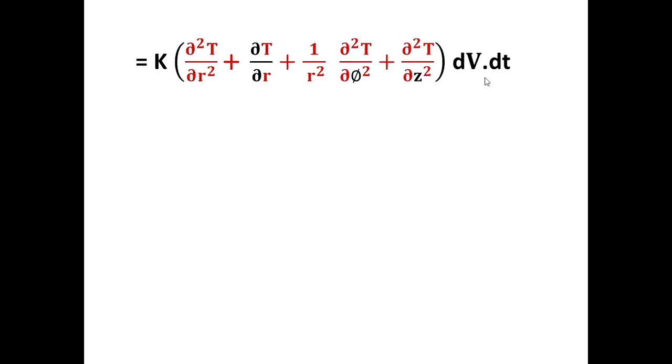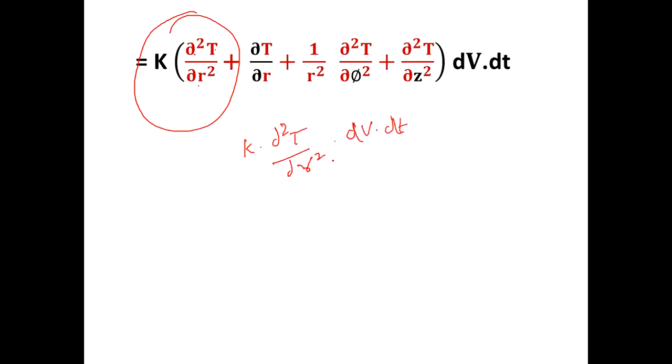After the derivation, you get the three-dimensional equation as in the Cartesian coordinate system, but we need the heat transfer only in one direction, that is d square T by dr square, then K into del square T by del r square into dV into dt.